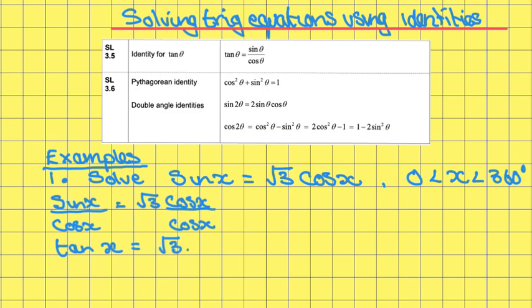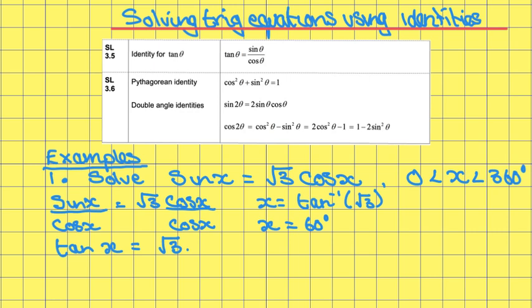So if I now solve for x, x equals tan to the minus 1 of root 3. So x is equal to 60 degrees. So that is my acute angle.